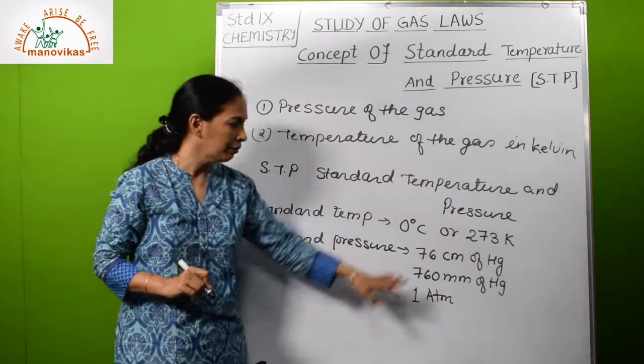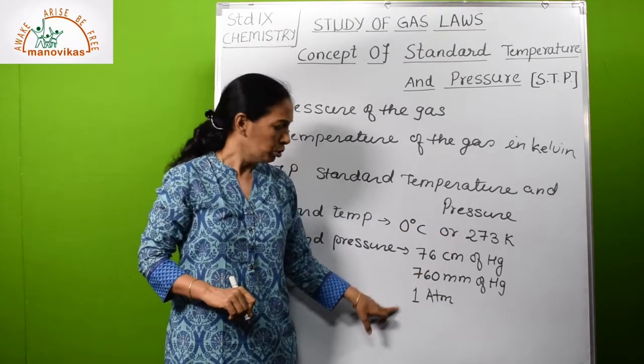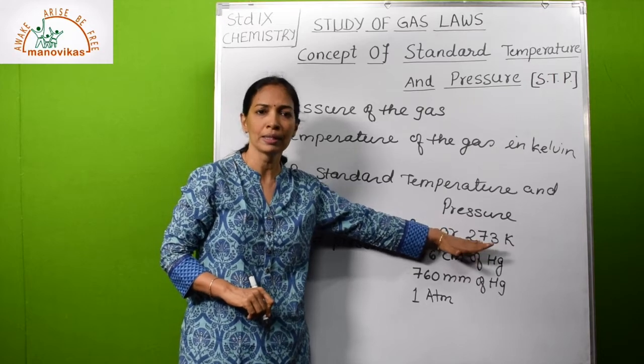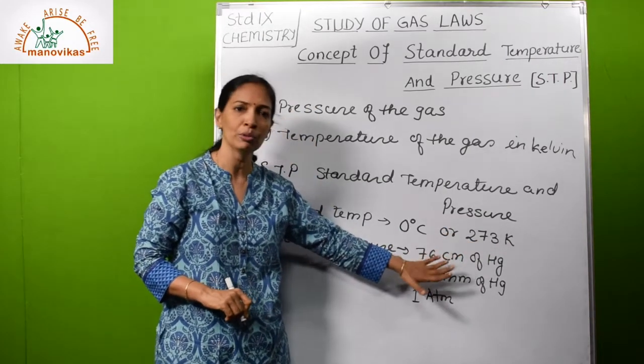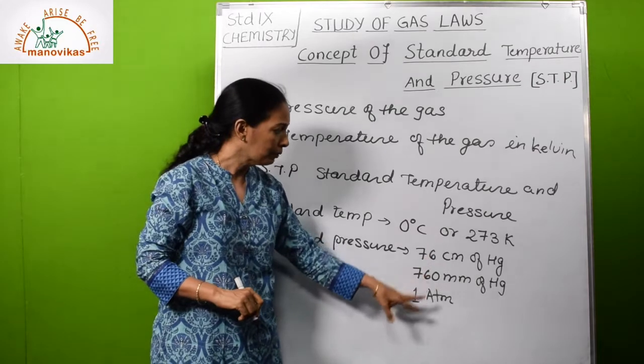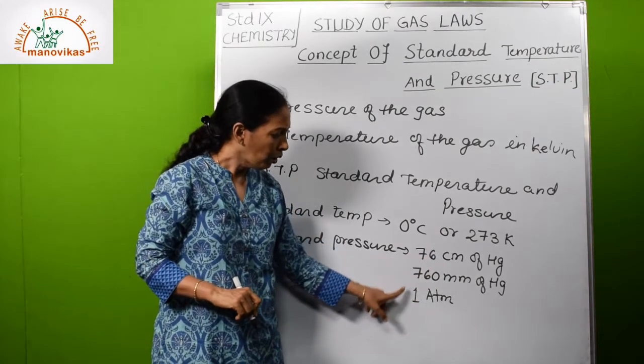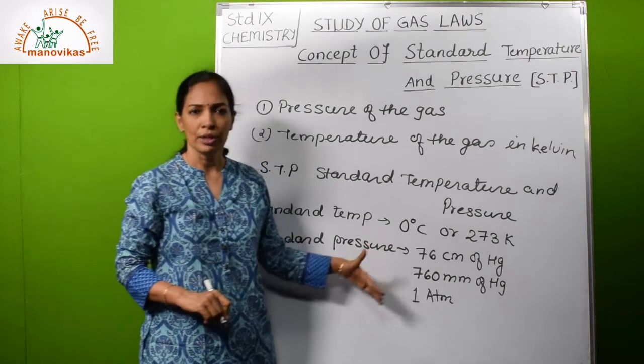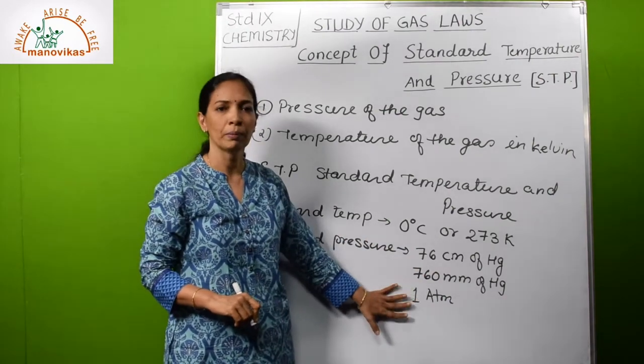So these are standard values. We use these values in the numericals. The temperature is taken in Kelvin, so 273 will be used as the standard temperature while calculating, and any one of these pressures can be taken according to the pressure given in the question. So these are the values you have to remember.